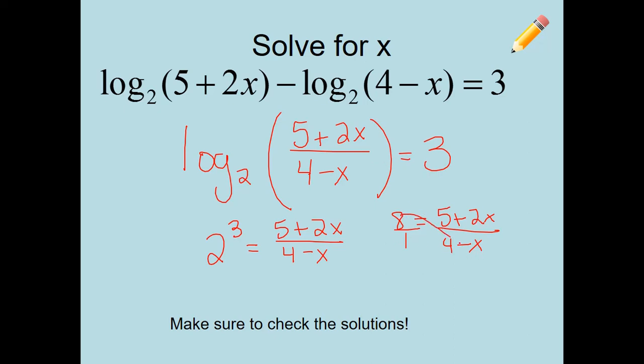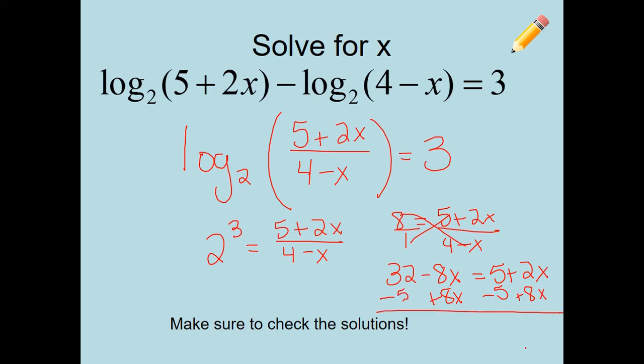So let's multiply 8 by that stuff, so that's 32 minus 8x. 1 by that stuff. And now it looks like just a really simple solving problem. So let's add 8x. Let's subtract 5.